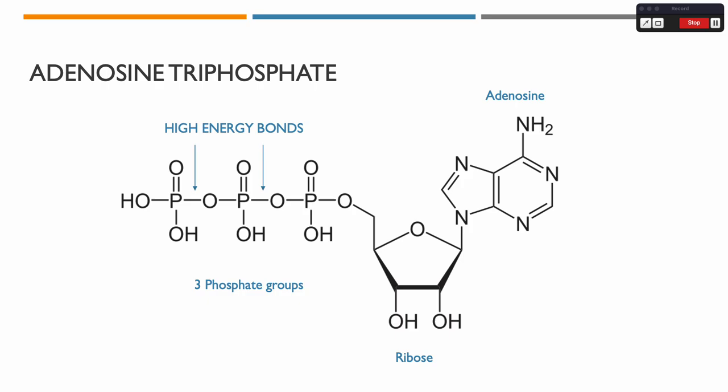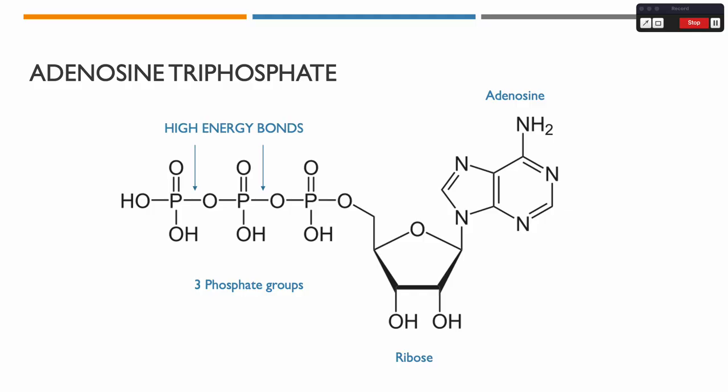The only usable form of energy in the entire body is what's called adenosine triphosphate, or ATP. Adenosine triphosphate, ATP, is the only usable source of energy in the body. If we can't make ATP, then we don't have a usable form of energy. It doesn't matter what we consume. If we can't make it into ATP, then we can't have our daily life functions go on. That's really important.